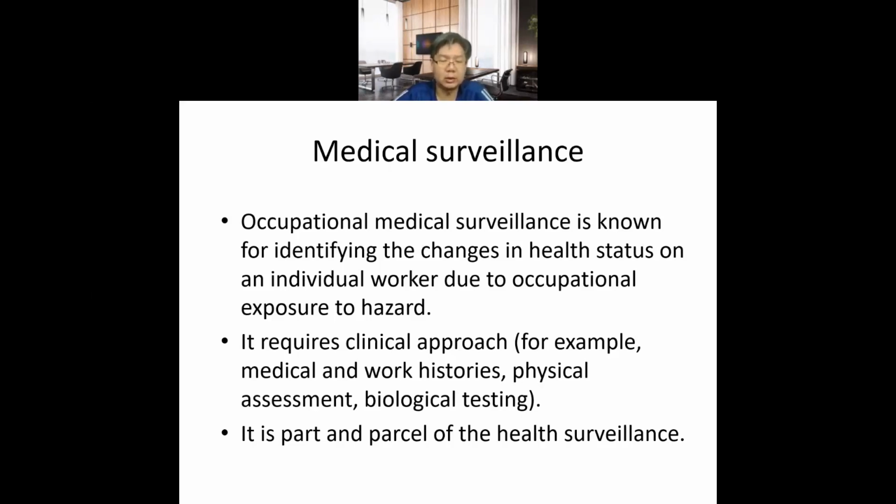It includes taking the medical and work history, the physical examination of the workers, and the biological or lab testing of human biological materials like blood, urine, etc. It is part and parcel of the surveillance process.